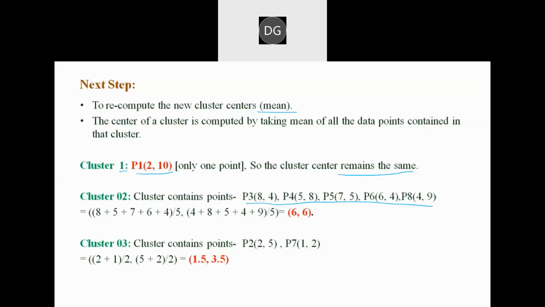We have to add all the x values and divide by the total number of x. Similarly for y also, add all the y values and then divide by, here we have given 5, because 5 points we have taken, right? If you are taking a different number of points, then a different number it will be. Total number of points. Okay.